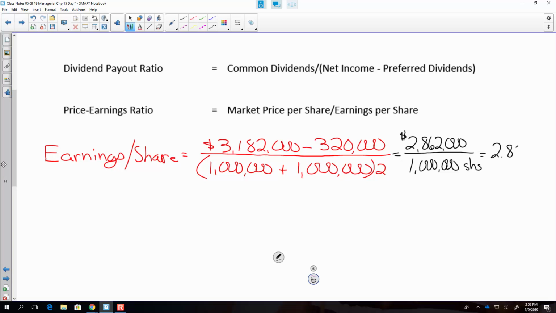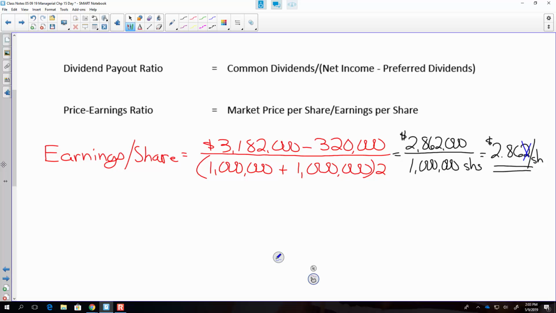That's $2.862 per share. That is our answer for our earnings per share. And they want us to round to 2 decimal places, so I really should not show the extra digit. I should just be at $2.86 per share.